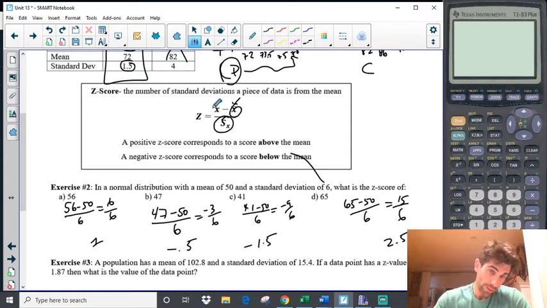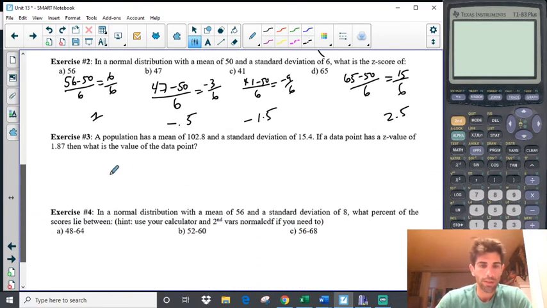They didn't tell you your score, but they told you the z-score was 1.87, and they want you to find your score. So that looks like 1.87 equals x minus 102.8, divided by the standard deviation, 15.4. Now we're going to do some 9th grade algebra.